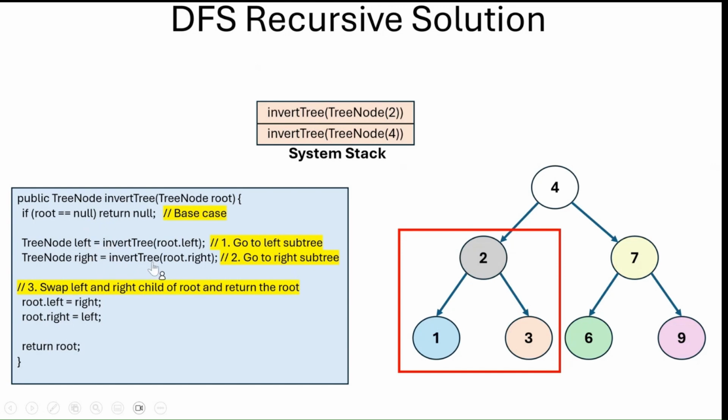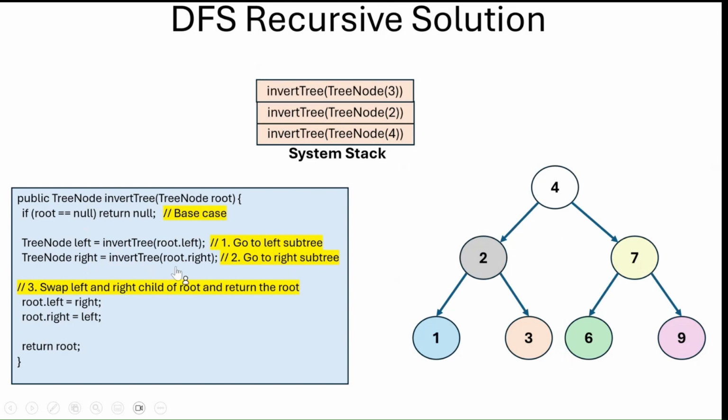It will go to the right side. Right side is invert tree with tree node 3 as the root. Basically now invert tree is getting executed with this subtree as the context. Now for 3 it will go to the left, but the left is null, so that null is stored into the left. It will go to the right.